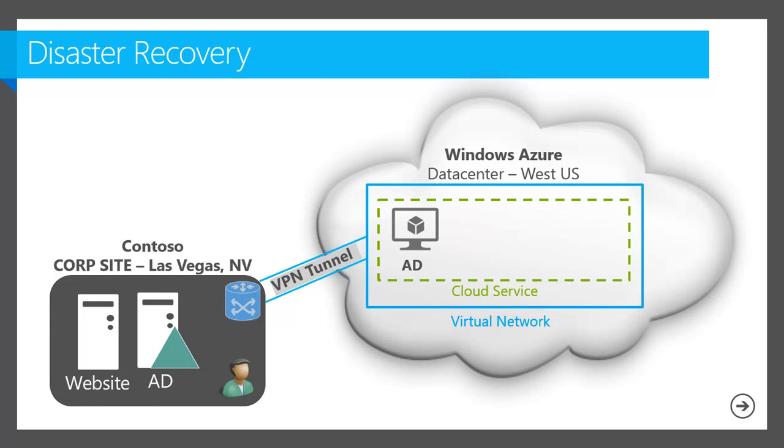Next up, there is disaster recovery. And most certainly there are a lot of scenarios around disaster recovery. Active Directory is just one of those. And the thing I want to point out is, you should treat, or could treat Windows Azure, I should say, like just an extension or a branch site in your network. And in this case, we've got a site in the West US Windows Azure Data Center.